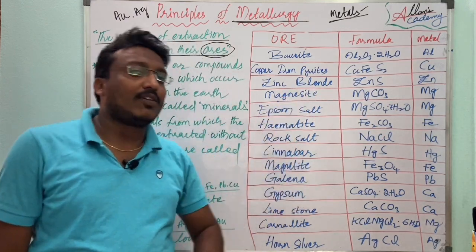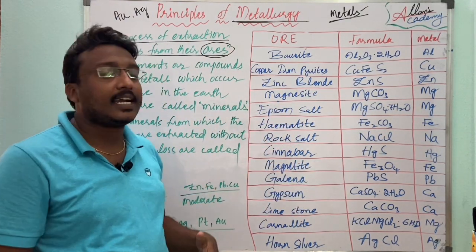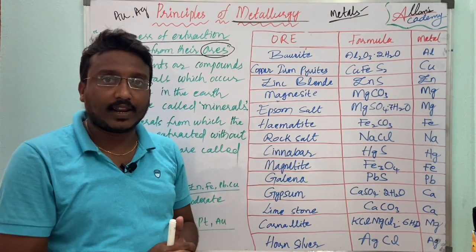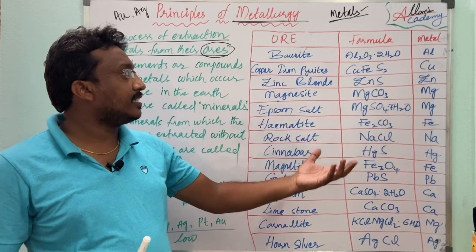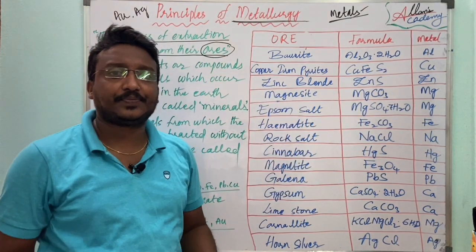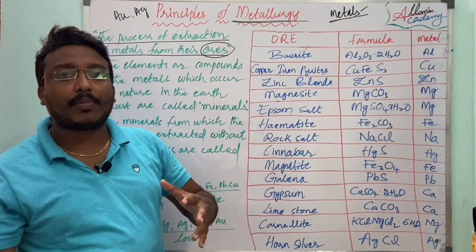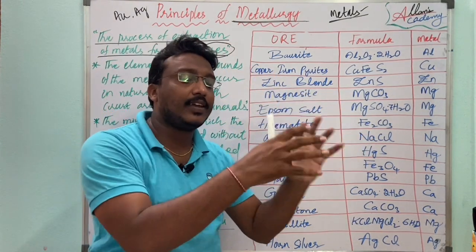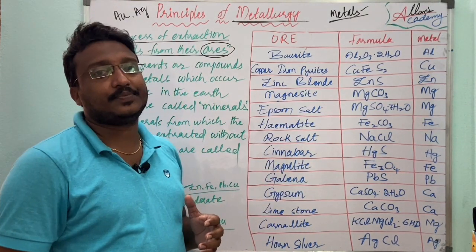But most of the metals are available in a combined state. For example, aluminum combined with oxides, or copper combined with sulfides. Like that we get them in a combined state.